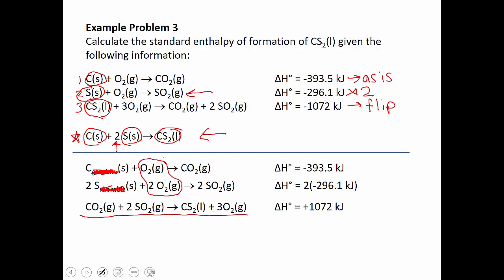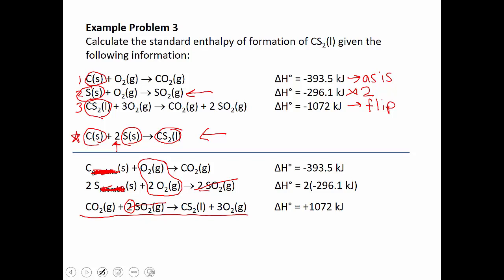When you have the same substance on opposite sides of the arrow in 2 different reactions, they're going to actually cancel out. So this 2SO2 is going to totally cancel out. You can have partial cancellation, so say this was just a one SO2, then just one of these other SO2s would cancel out. But because they're both 2s, they totally cancel out.